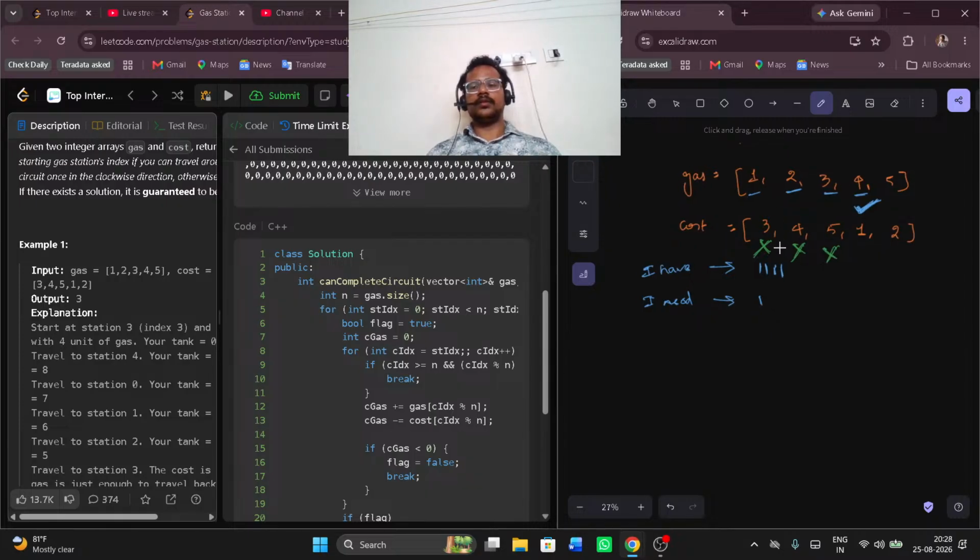I have the current gas as 1, and the current cost is 3.